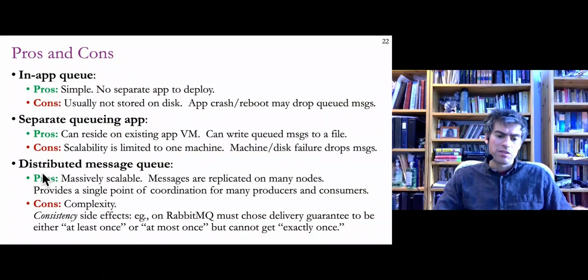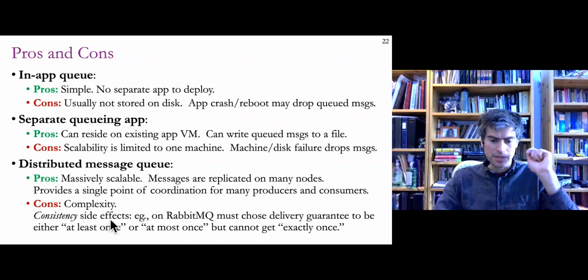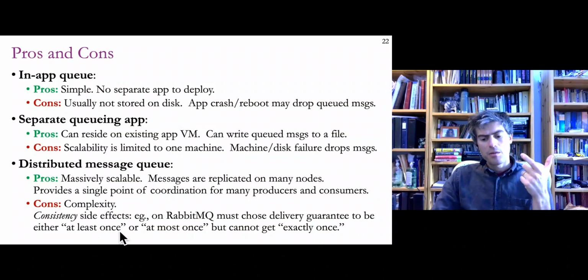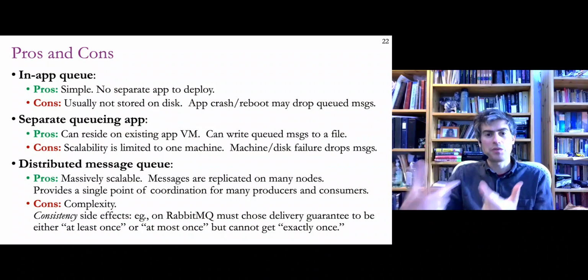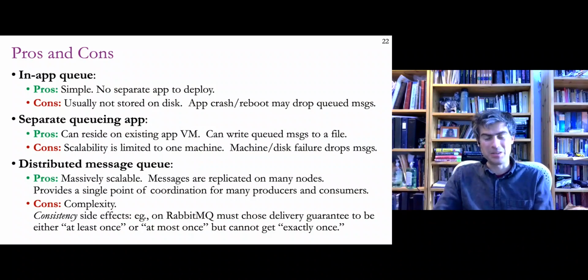Another downside of distributed message queues is that, just like a distributed database, they have some consistency issues you have to be aware of. It's pretty typical for you to have to choose between messages being delivered at least once or at most once. You can't get exactly once, but you really want messages to be delivered exactly once.